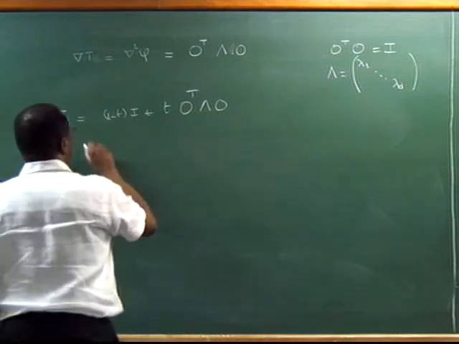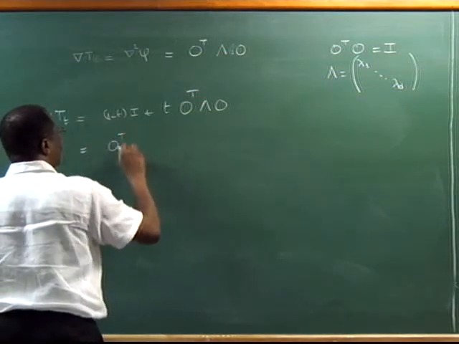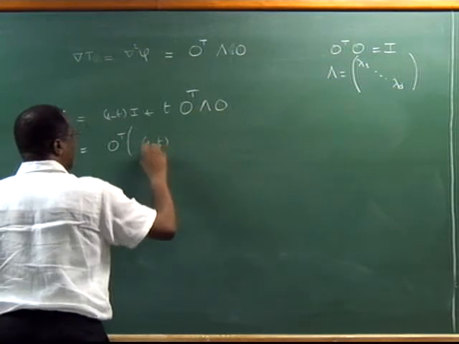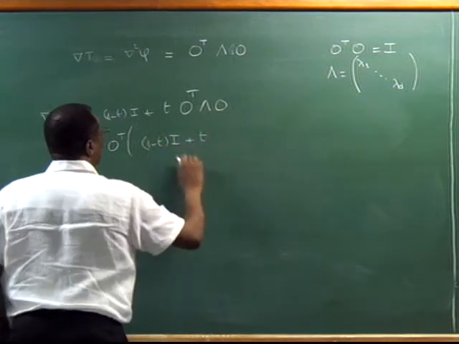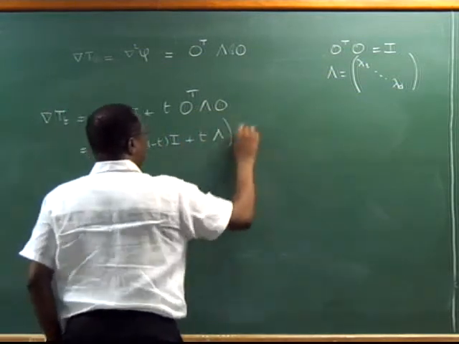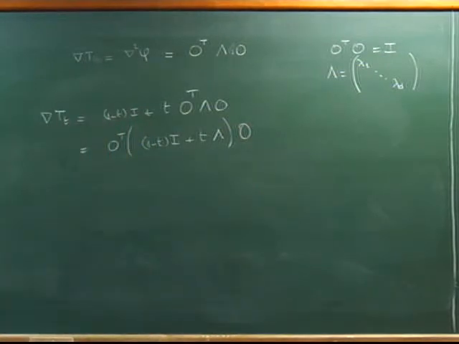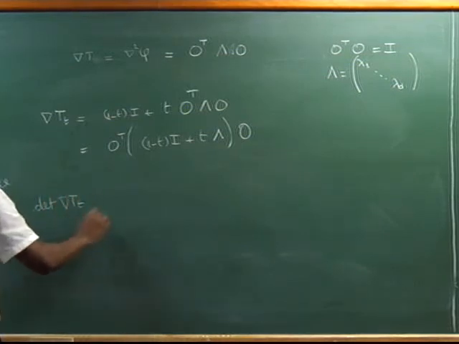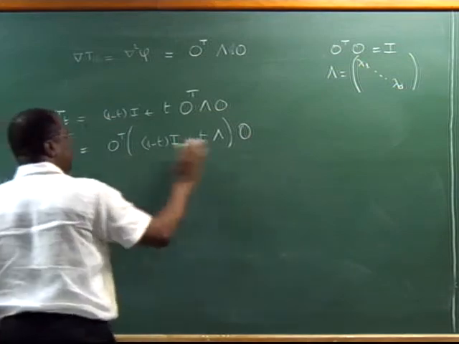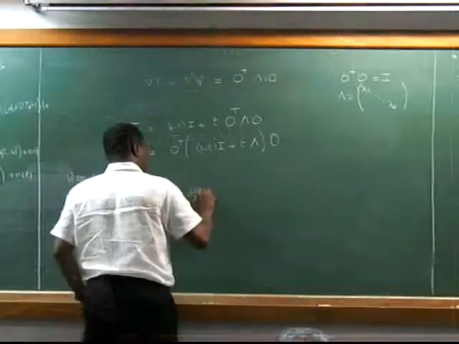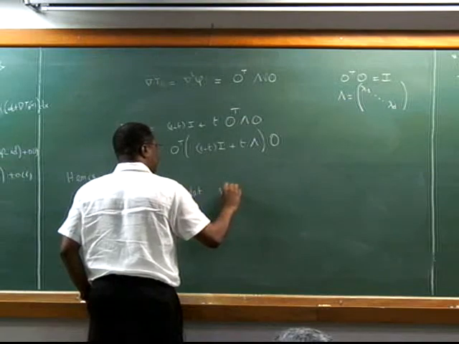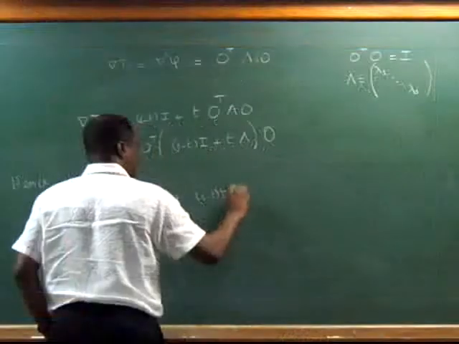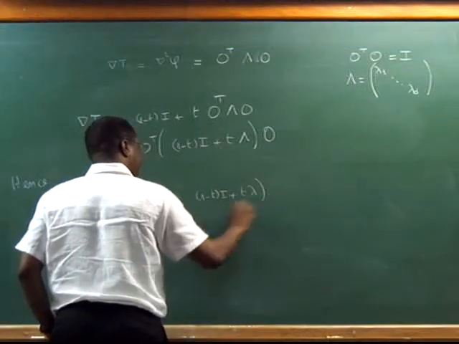But I can write this as O transpose times ((1 minus t) identity plus t lambda) times O. Hence, the determinant of the gradient of T_t is, since the determinants of O and O transpose are 1, the determinant of (1 minus t) identity plus t lambda.